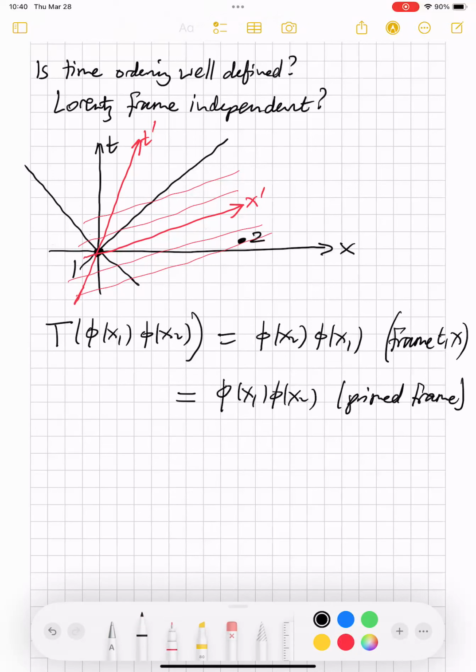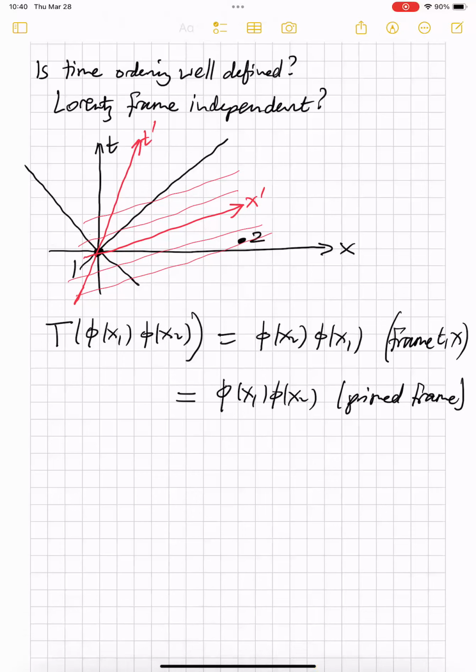In the prime frame, 2 comes before 1. So in this situation, somebody sitting in the prime frame would not agree on how the operators are time ordered as compared to somebody in the original frame.